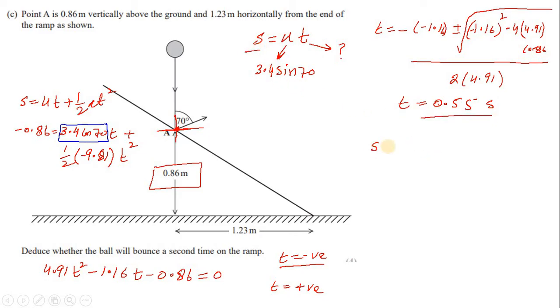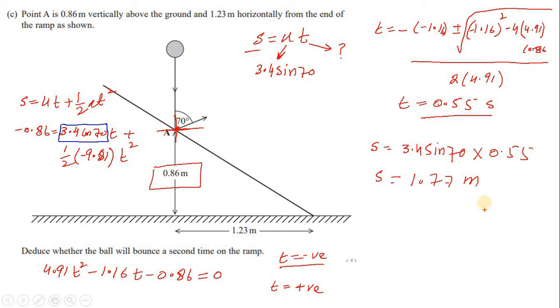So s is equal to 3.4 sin 70, which is 3.19, times 0.55. So s will be equal to 1.77 meter.